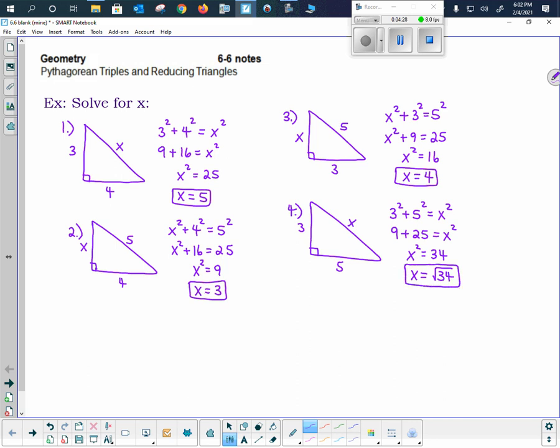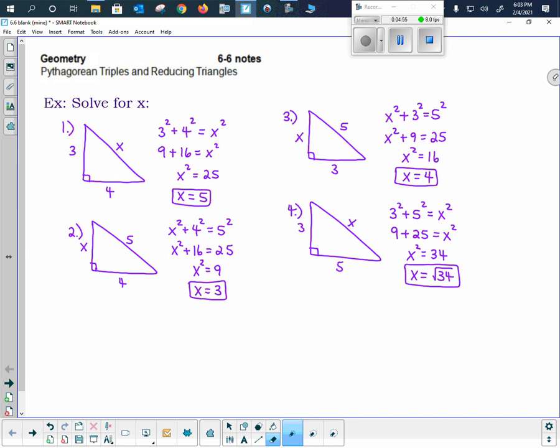Well, I bet some of you told me the answer was 4 when you were predicting it, because we said 3, 4, and 5 always go together, right? And we had these lengths of 3 and 5. But we also said it had to make sense for the picture, and that has to do with the hypotenuse. So I did this on purpose, so that you could see what's coming up.